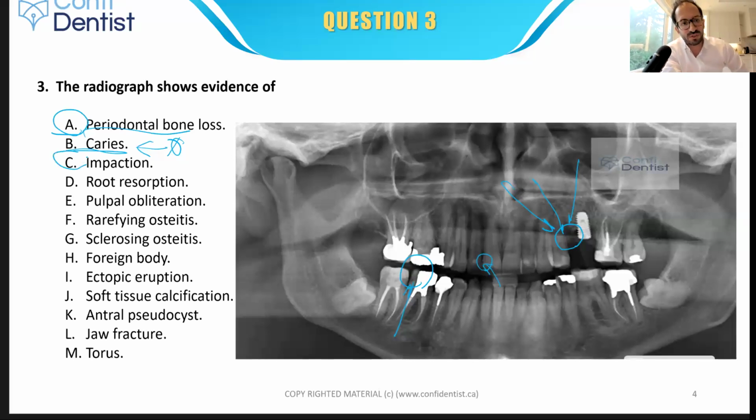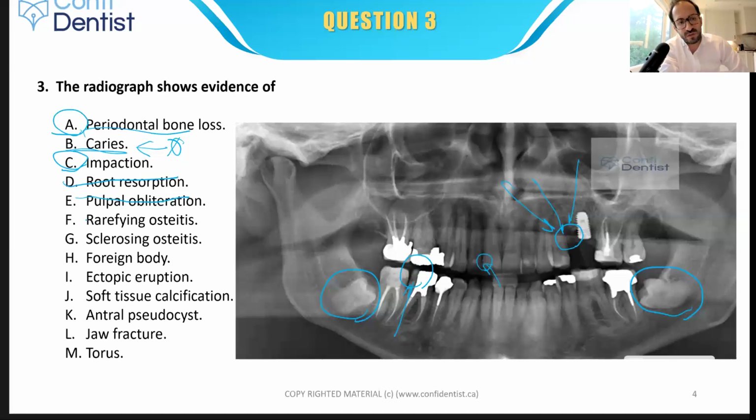What about impaction? Yes, we do. They have 2 wisdom teeth where the apex is formed, they're still under the bone, or still inside the tissue, so they're impacted. Do you see any root resorption? Not that clear, so I would not select root resorption. No pulpal obliteration.